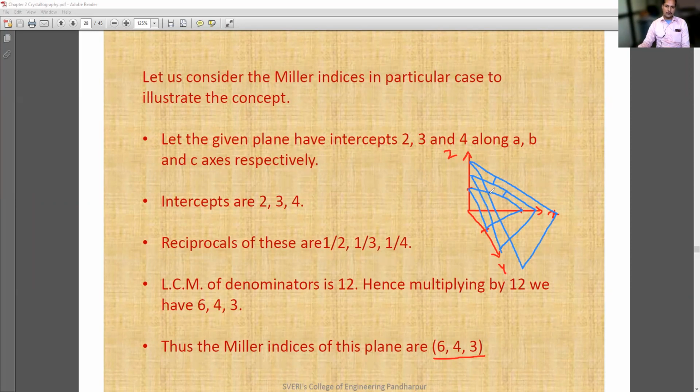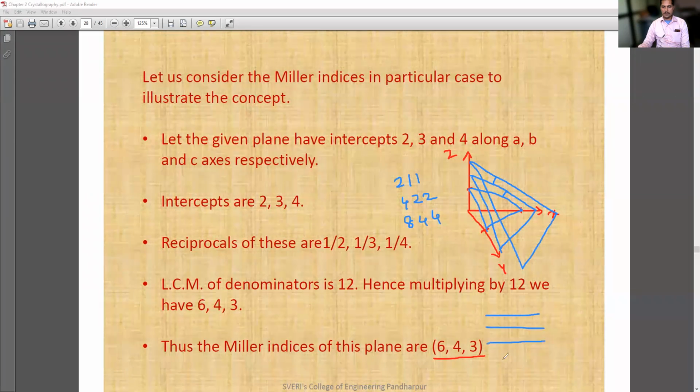So here if you check these Miller indices, the ratio is the same. For example, if you consider 211, then 422, then 844, they are the same, just parallel to each other, and we are considering these planes.